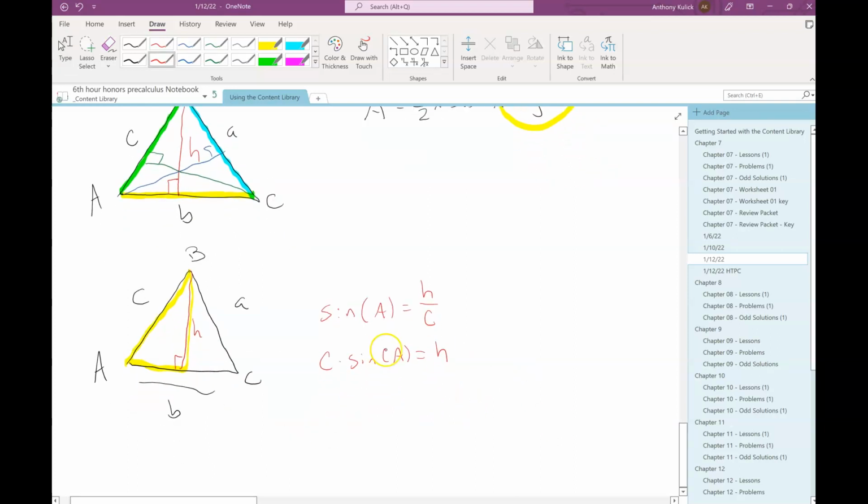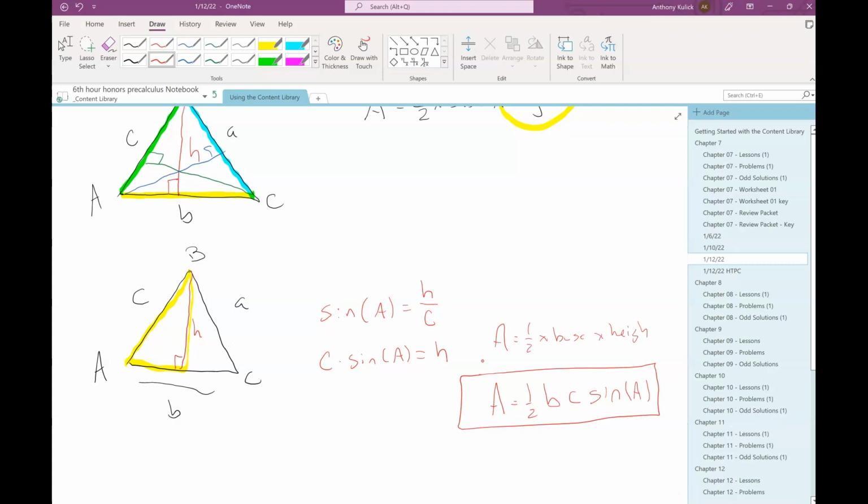So my one half base times height becomes one half side b times side c times sine of angle A. There's a formula for the area of a triangle that I can solve for with any solved triangle, right? Because now it's only relying on side lengths and angle measures. Those are things that we have.